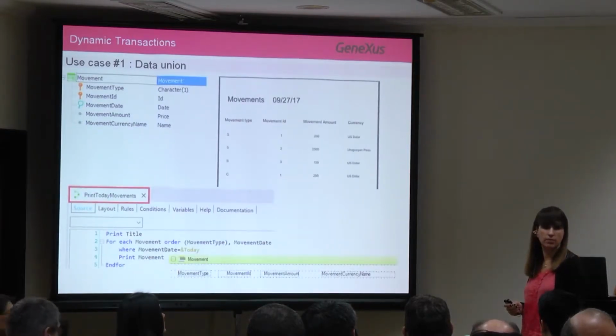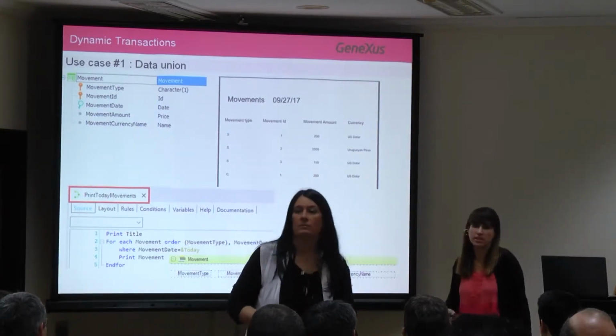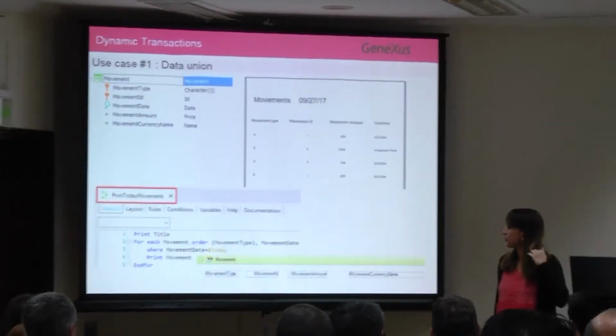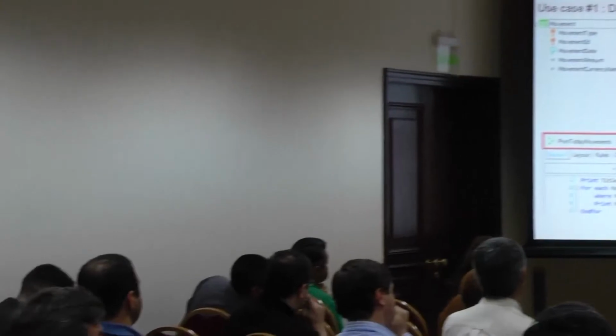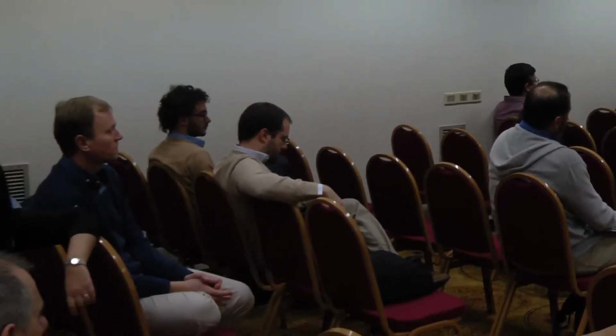Is it more efficient? The question is whether it's more efficient than generating a data provider. Well, it depends on a case-by-case basis whether it's more efficient if you do it by hand.